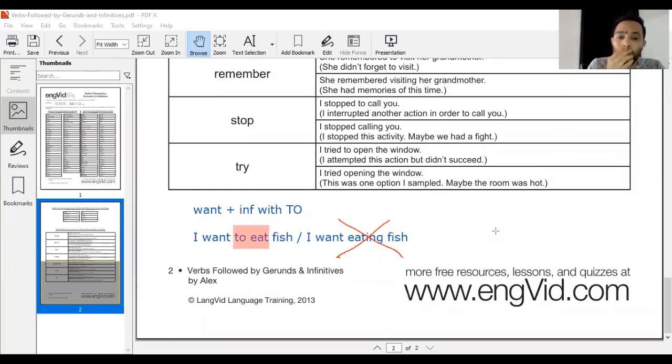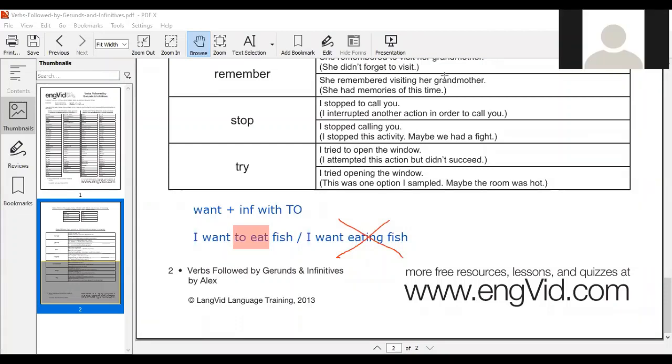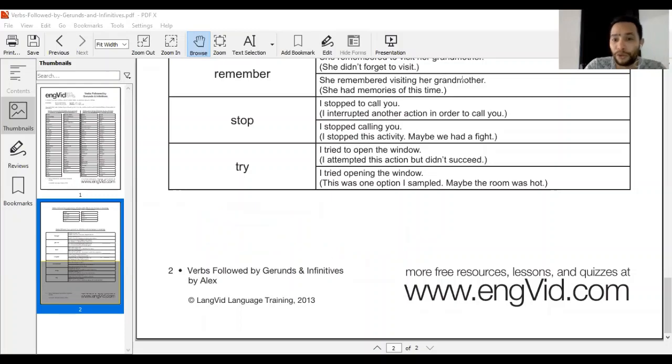So that's what I wanted to show you guys. All right, is this clear? Is it clear, guys? Yes. All right, so let's continue then with more verbs.